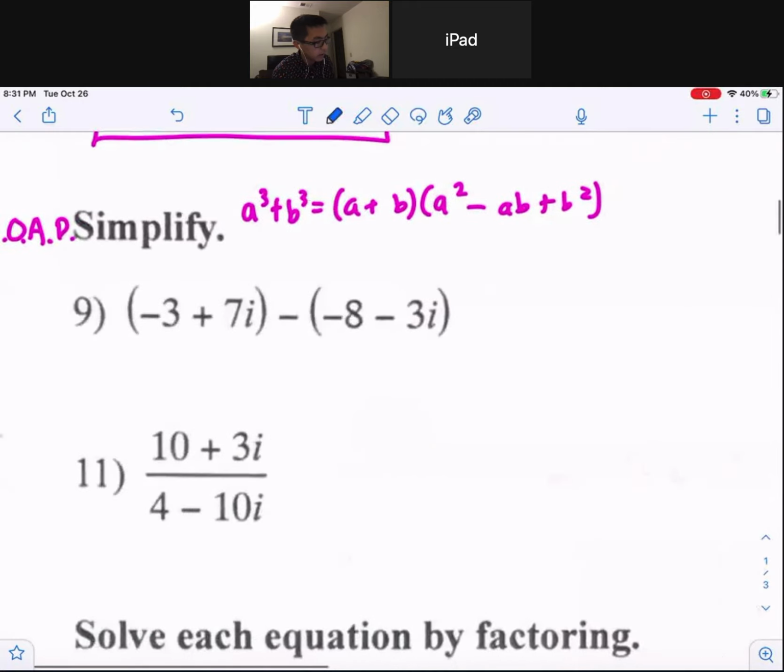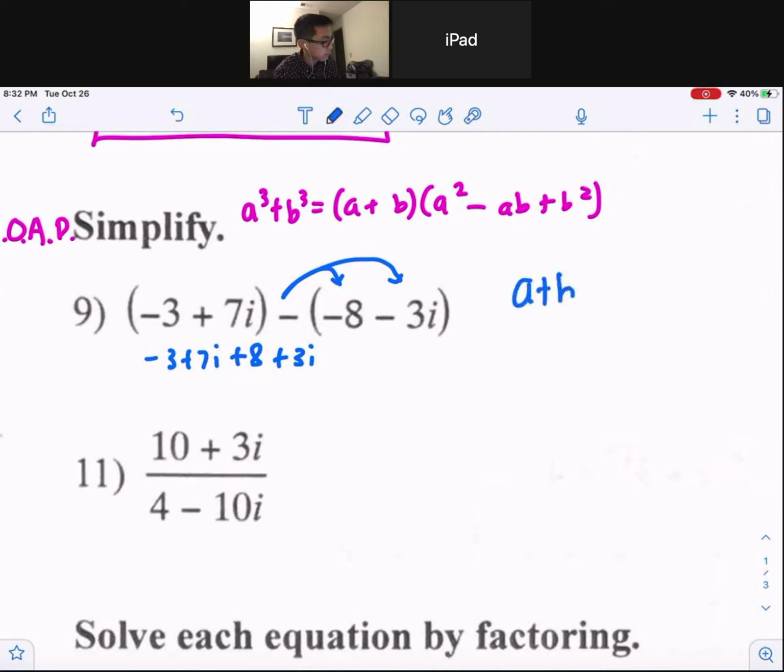Simplifying. Okay, there's a minus sign in between, so we have to distribute this minus sign to both of these. Negative 3, drop the parentheses. Negative times negative 8, positive 8. Negative times negative 3i, positive 3i. So all your complex answers have to be in this form, a plus bi. This is standard form for complex numbers.